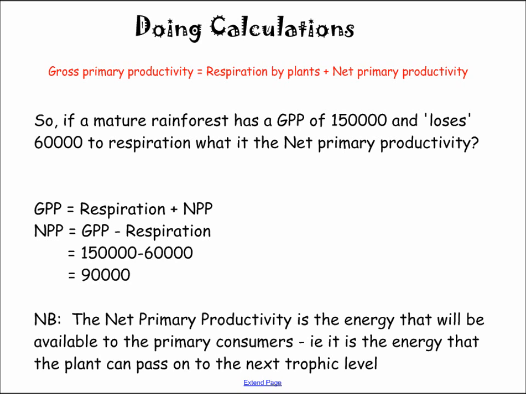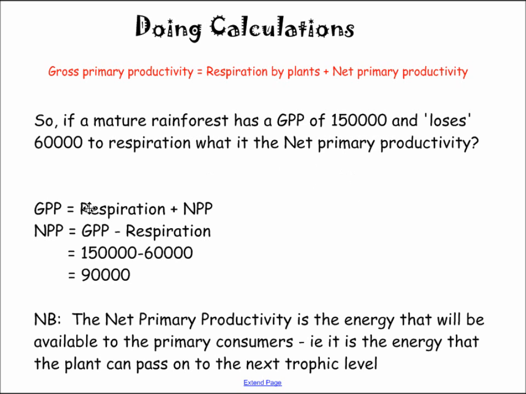You sometimes get asked to do calculations on this, and the easiest way to think about it is to put it into an equation. So, gross primary productivity equals the amount of energy lost by respiration added to the net primary productivity. So, if a mature rainforest has a gross primary productivity of 150,000 and loses 60,000 to respiration, what is the net primary productivity?